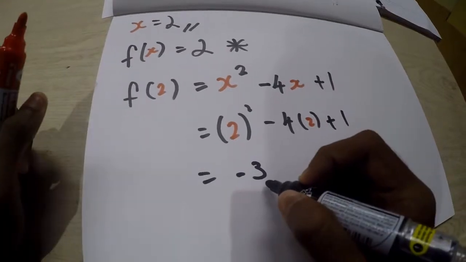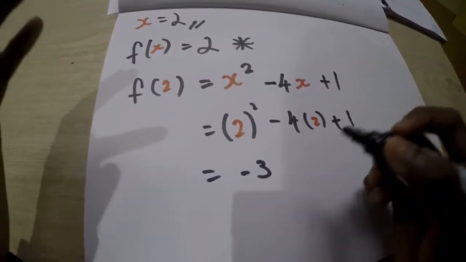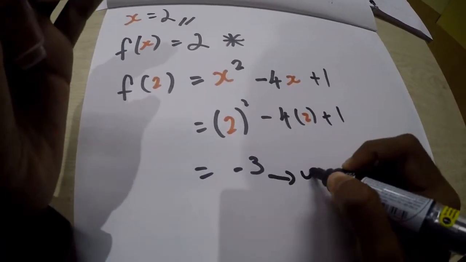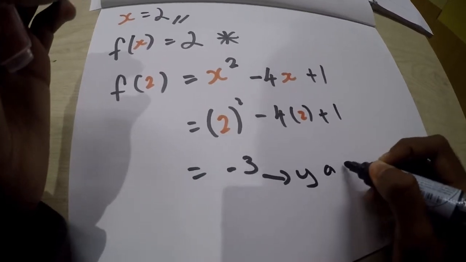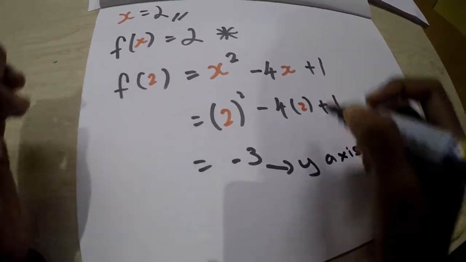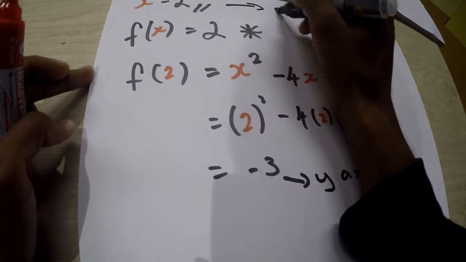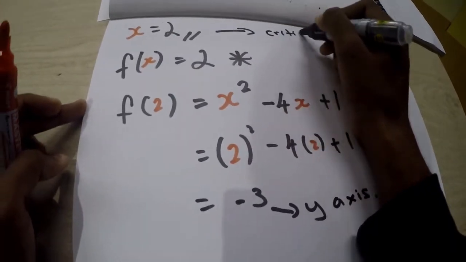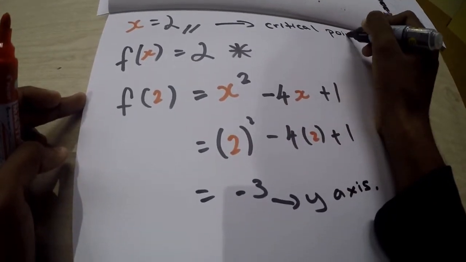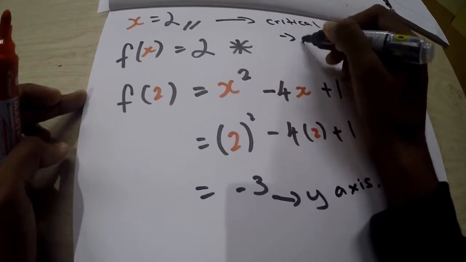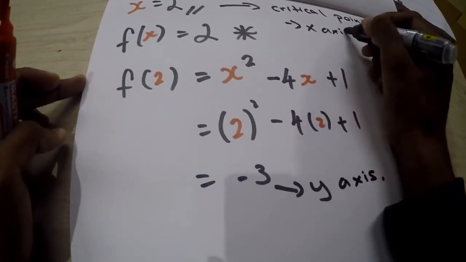So now this is not our critical point, it's our y-axis value. Okay, so y-axis. This was our critical point, can also be called the x-axis.